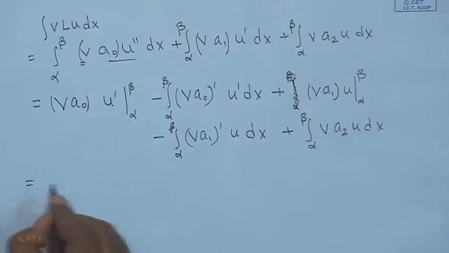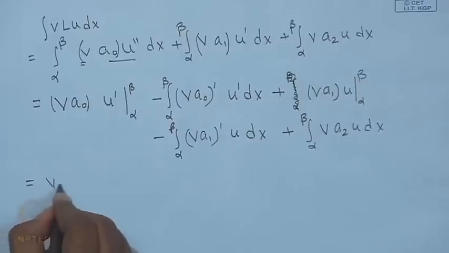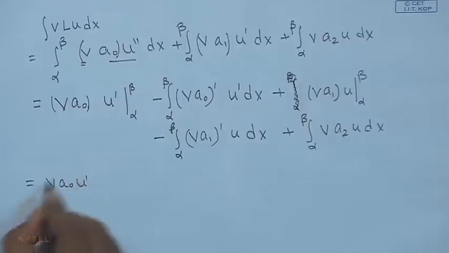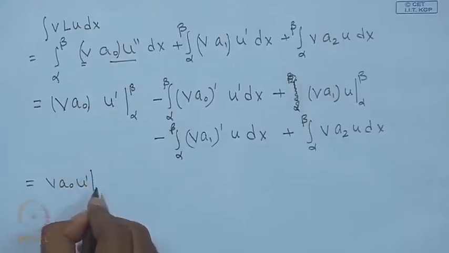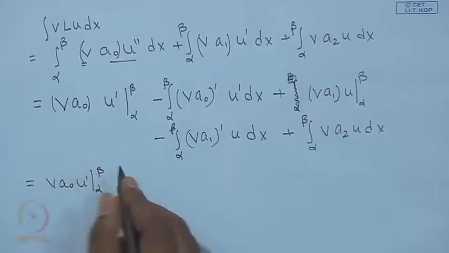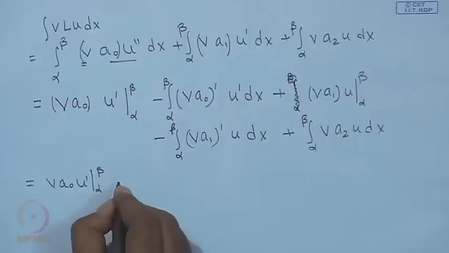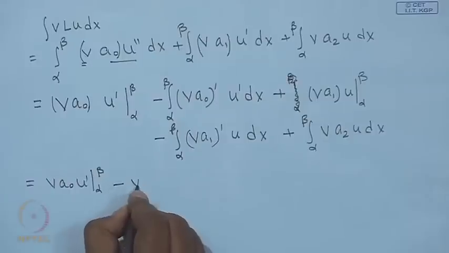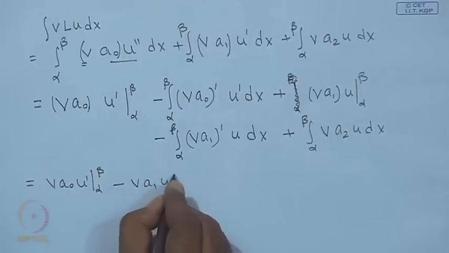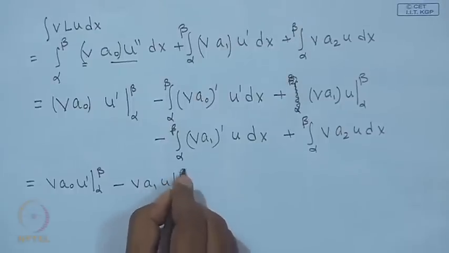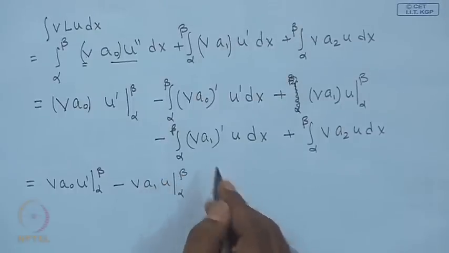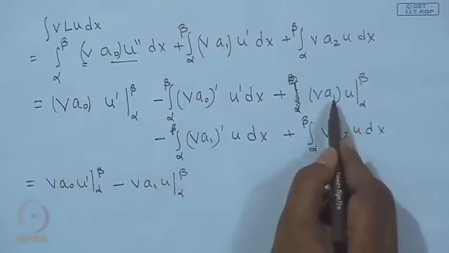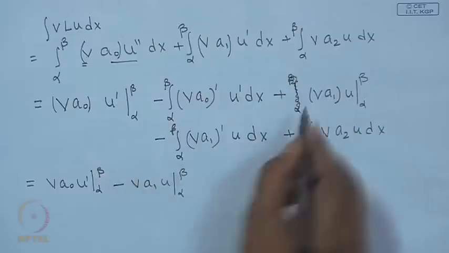So, we get v a0 u prime evaluated from alpha to beta minus v a1 u evaluated from alpha to beta. Okay. So, I am just bringing this one here, there is a plus sign there.